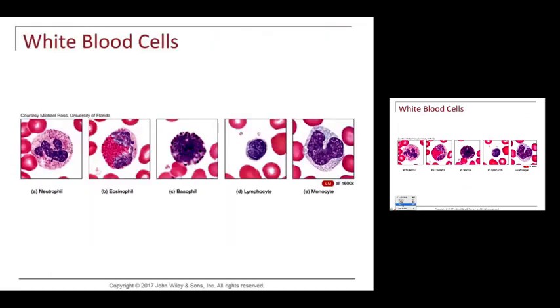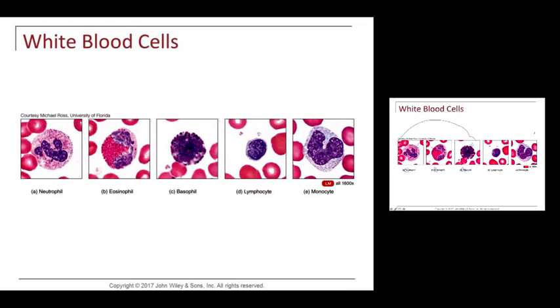Okay, the white blood cells here. Let me just activate the pen again. Let me make this blue. So we have the basophil, eosinophil, and neutrophil. These three are granular, and the granules are these. You can see in the cytoplasm there's a grainy appearance.